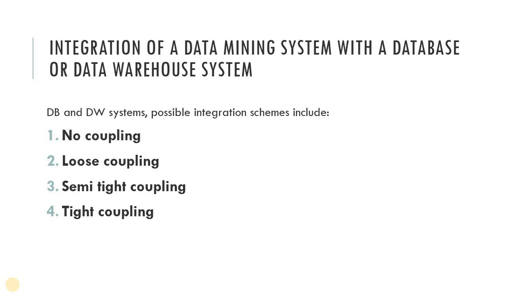Without the data warehouse, the data mining system will not work. So the first requirement is that it is compulsory to have the database or the data warehouse connected with the data mining system.